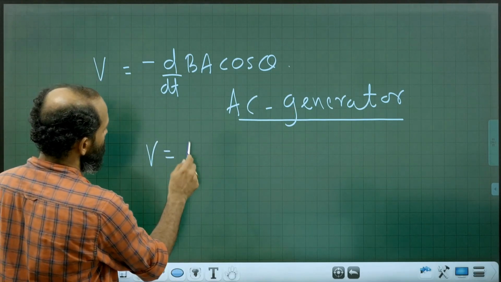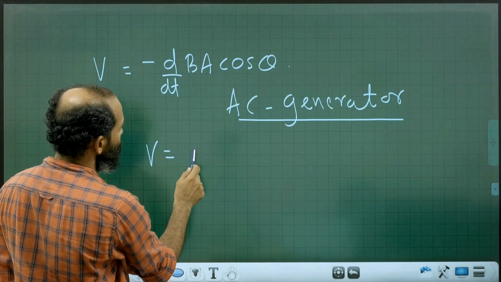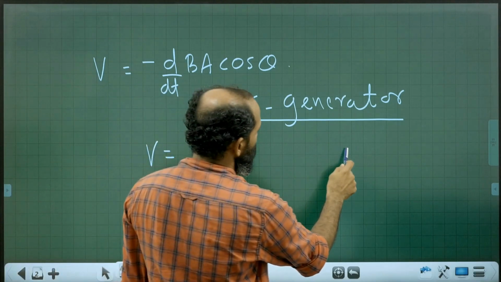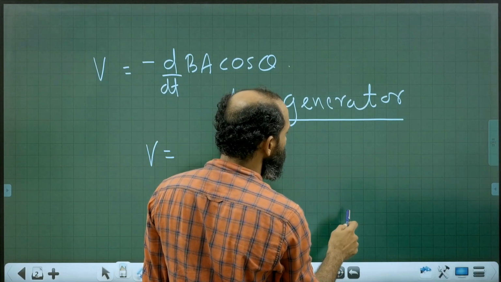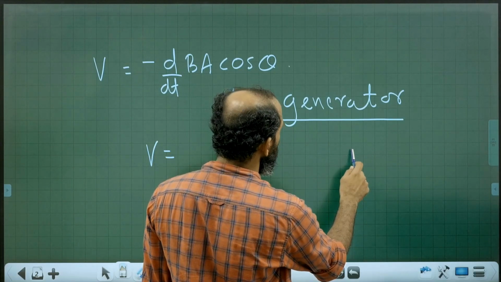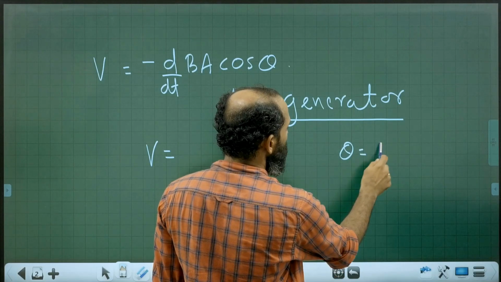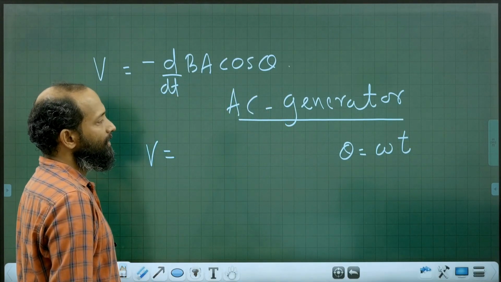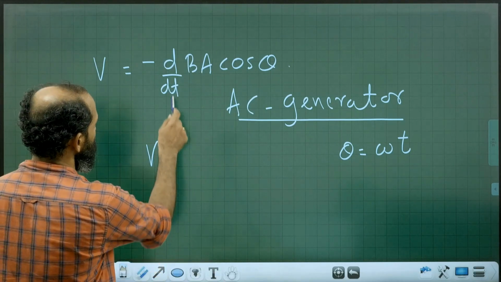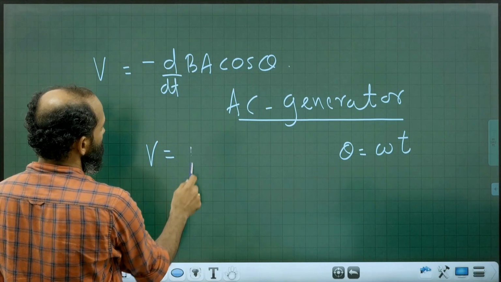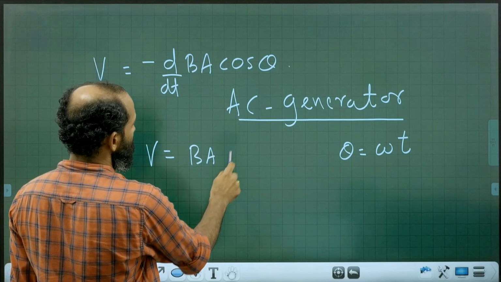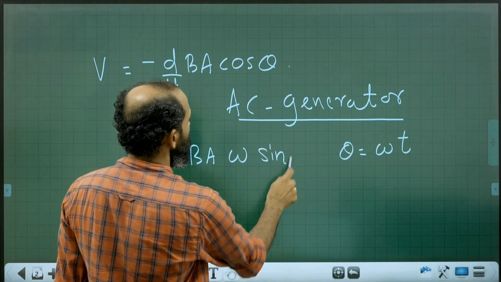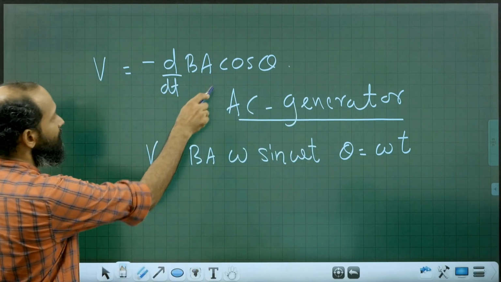V is equal to minus d by dt of B A cos theta. When the armature coil is rotated in a perpendicular magnetic field with an angular speed omega, the phase angle theta can be written as omega t, so that V can be written as B A omega sine omega t, taking the derivative.